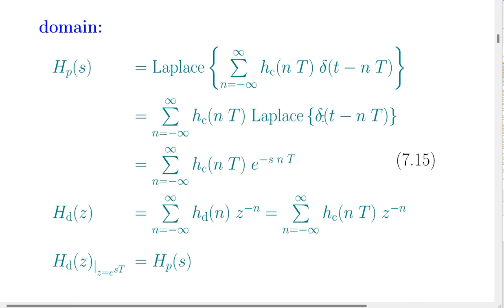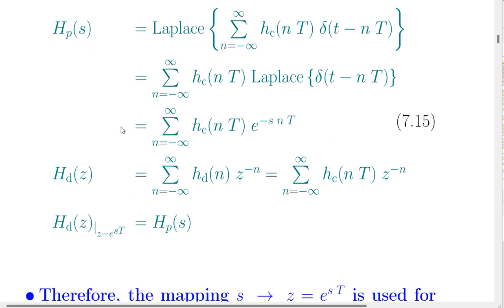Okay? Because h_c(nT_s) is a constant, you can move the Laplace transform inside the summation very simply. Now, you know that the Laplace transform of delta(t) is 1, and delta(t - T_s) gives e to the power of minus s T_s, and for n it will be n times that.